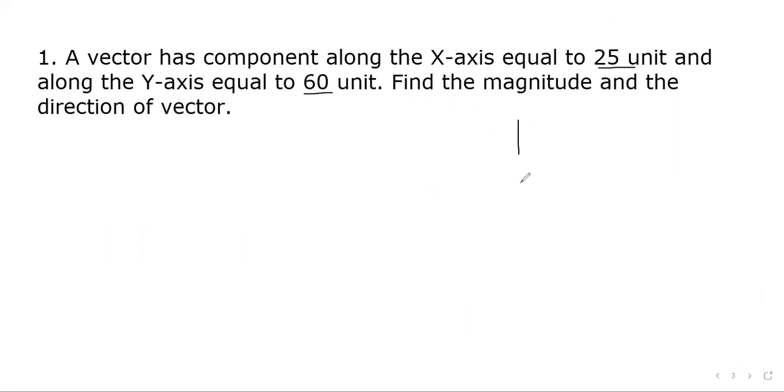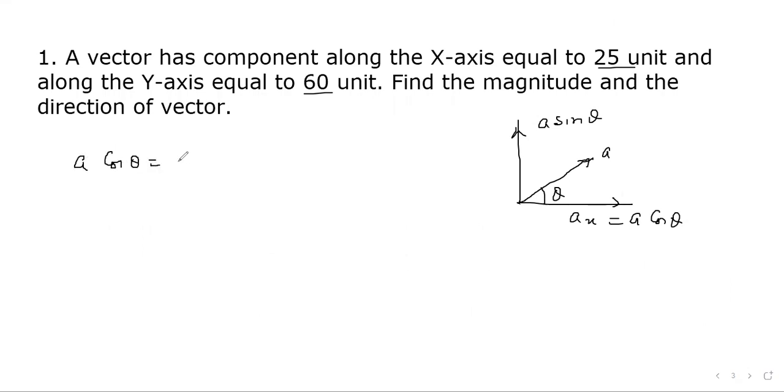So we can say if this is vector A and this angle is theta, its component along the x-axis will be Ax, which is A cos theta, and in this direction it will be A sine theta. In our question, component along the x-axis is 25, that is A cos theta equal to 25, and along the y-axis A sine theta equal to 60.